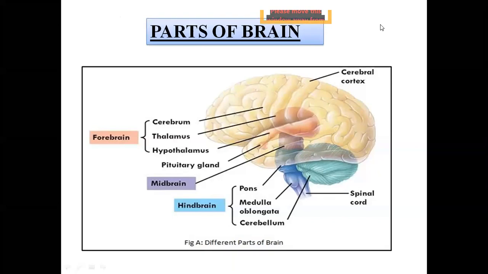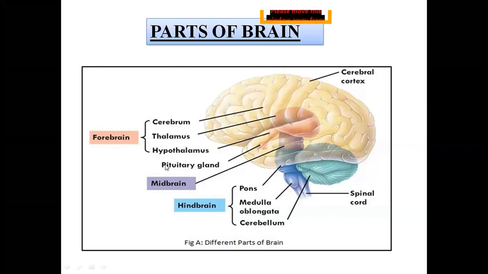In the midbrain, the functions will be discussed today. Next is the hindbrain, which consists of components like pons varolii, medulla oblongata, and the cerebellum.